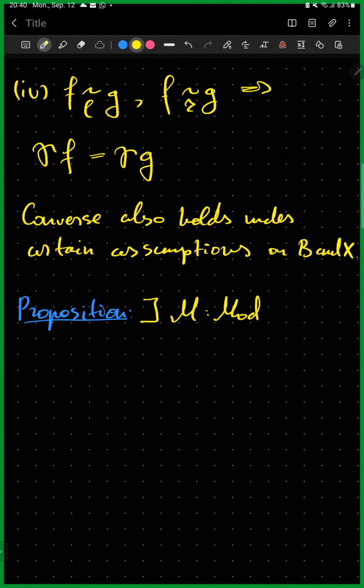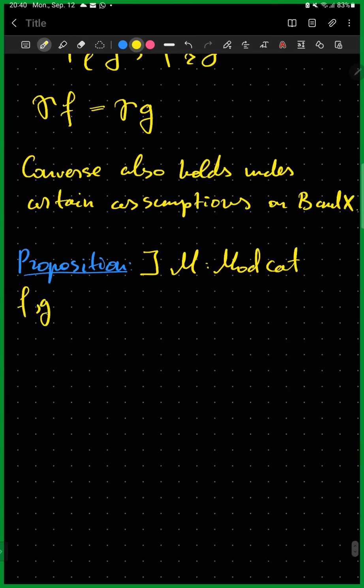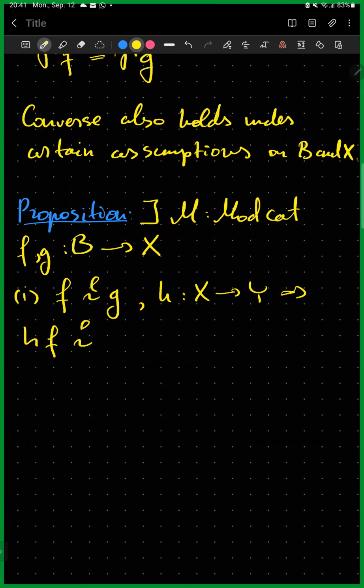Assume that once again we have a model category, and F and G are maps from B to X. The first part states that if F is left homotopic to G and we have H which goes from X to Y, then HF is left homotopic to HG.